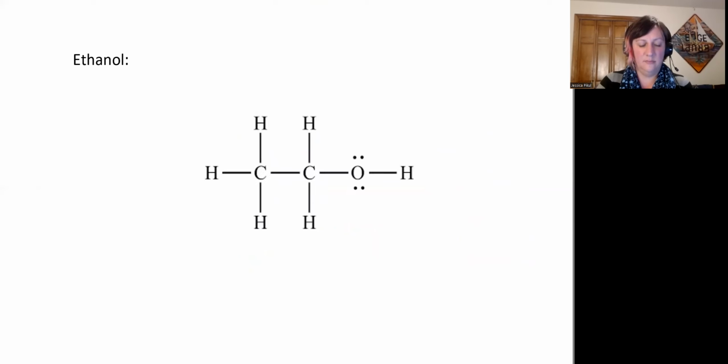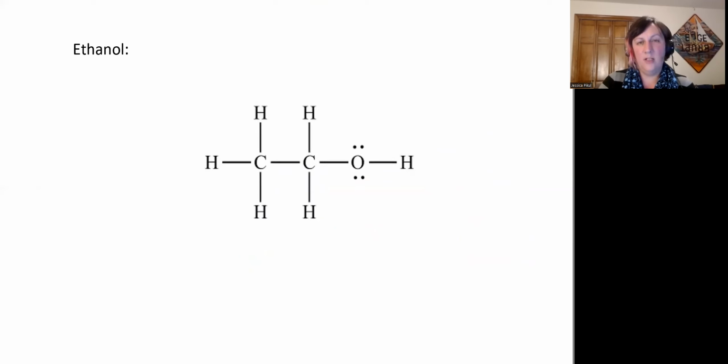Here's ethanol. I want us to interpret the chemical structure now into a chemical formula. This is a picture of how the atoms of ethanol are connected to one another. Let's first organize this. I'm seeing carbons here, and I'm going to list these out over here. I see 2 carbon.